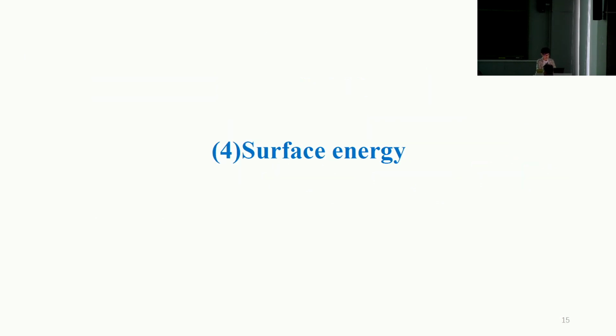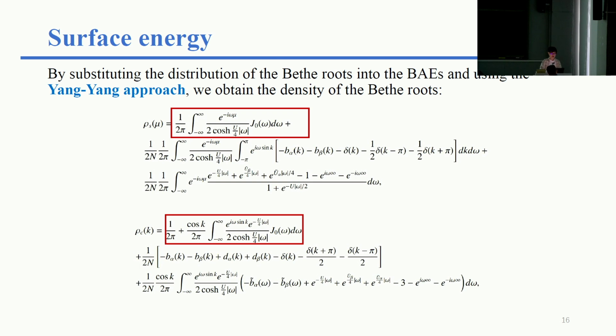Now we know the distribution of the beta roots, we can give the surface energy using the normal approach. The method is called the Yang-Yang approach. By using the Yang-Yang approach, we can obtain the density of the beta roots. Here, what is in the red circle is the contribution from the bulk of the spin chain, and the others are connected with the boundary parameters here.